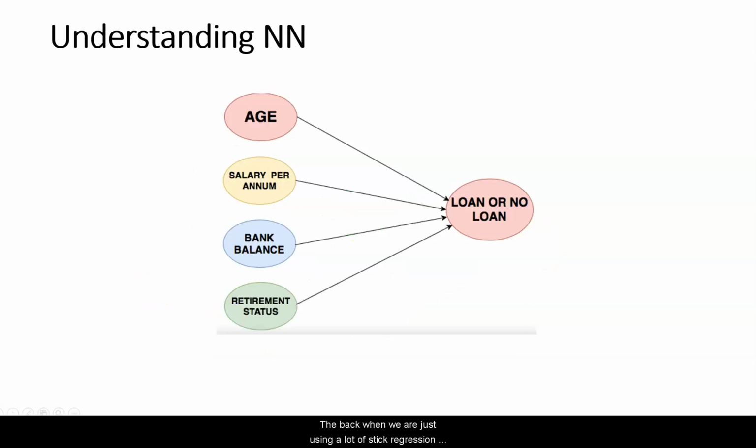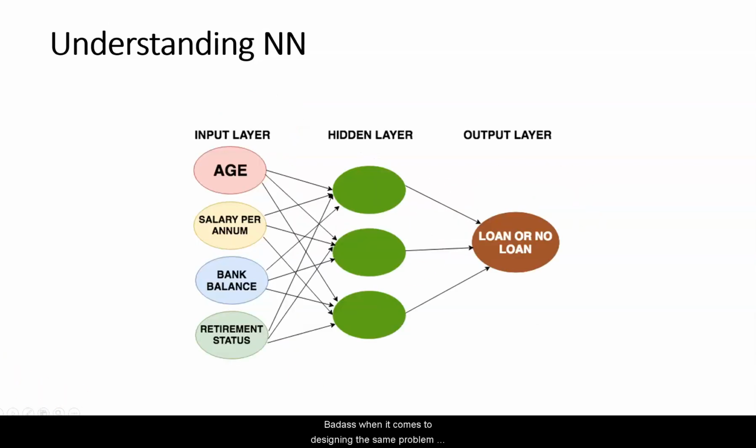When we are just using a logistic regression model, the interaction between these four attributes is not captured when deciding the output. Whereas when we design the same problem using a neural network, we have the hidden layers and the nodes in these hidden layers which actually capture the aggregation between the input features.